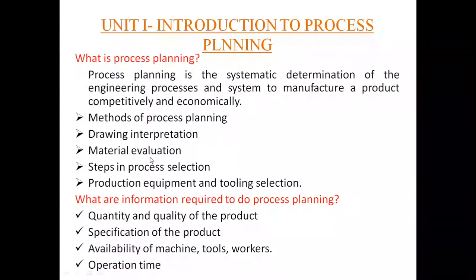The next topic is material evaluation, or material selection and evaluation. Material is very important for making the product. In this, we have to know about types of material and their properties, and selection of process and methods of material. First of all, we have to see shapes and geometry consideration.